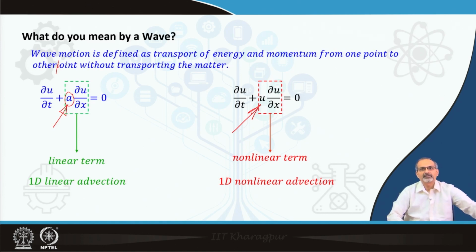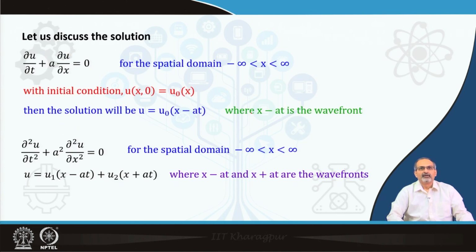So, we would first like to look at the solution from an analytical angle, that of the linear advection equation. So, the first order form of that defined over the spatial domain minus infinity to plus infinity, the variation of x, and with initial condition u x comma 0, that means at t equal to 0 is equal to u naught x.